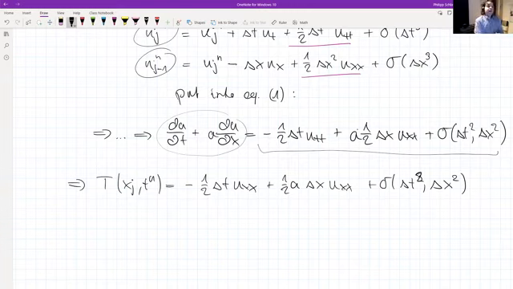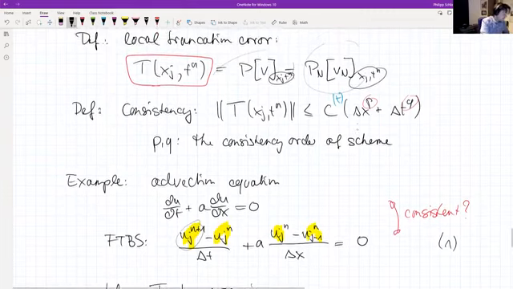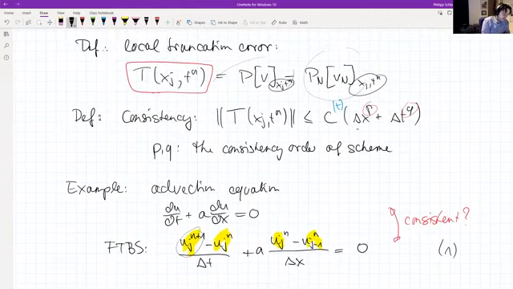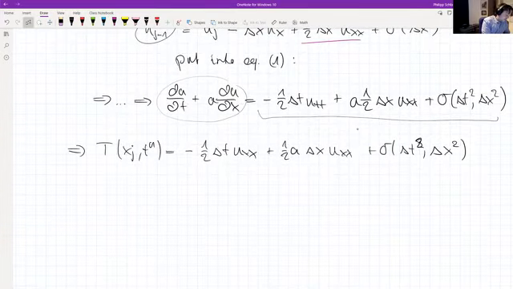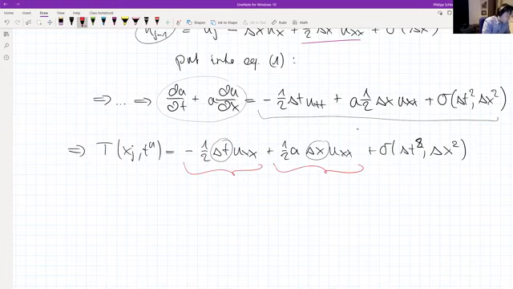And now we need to see whether my scheme is actually consistent. And the idea of consistency we have written here. The idea of consistency is whether we can define exponents p and q with which the difference between the continuous and the discrete equation goes down. And of course, if we look at that, we can see that in this case, we have an exponent of q being 1, and here we also have an exponent of p being 1. So this means that q is 1 and p is 1.